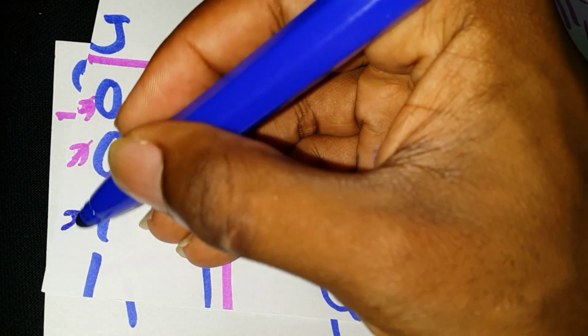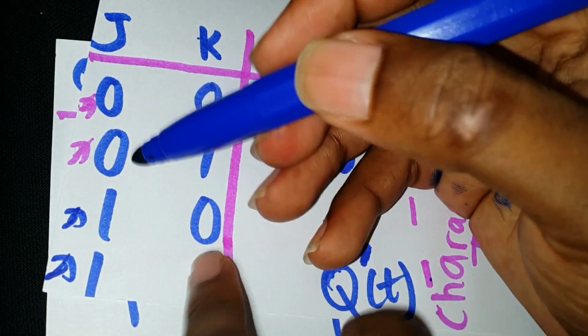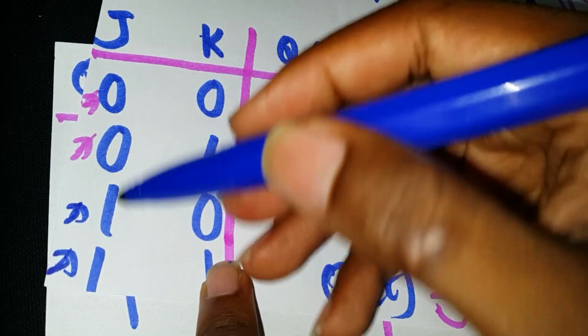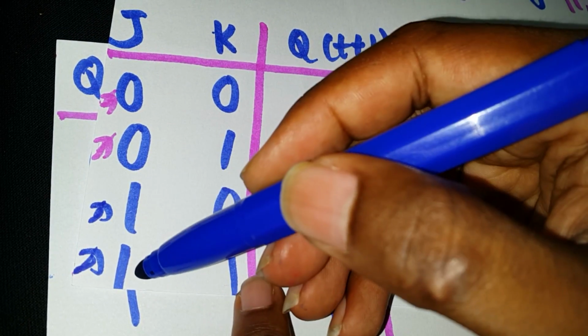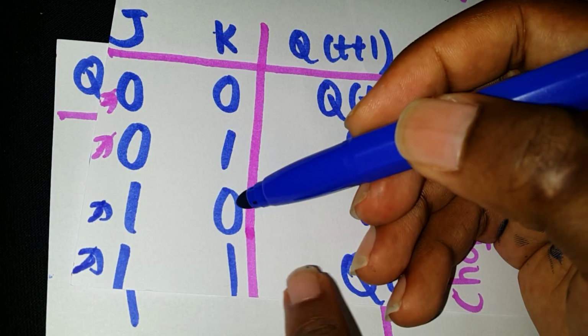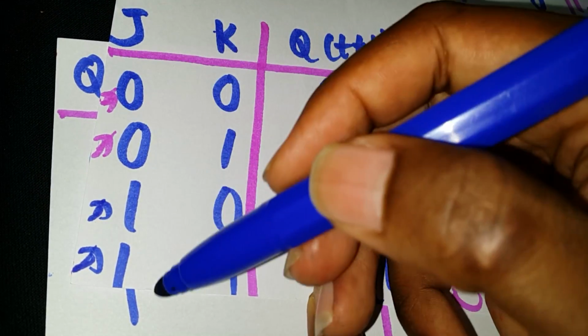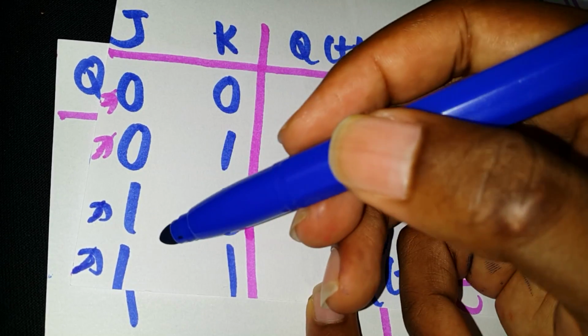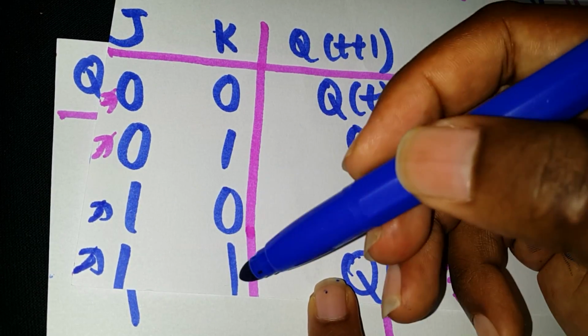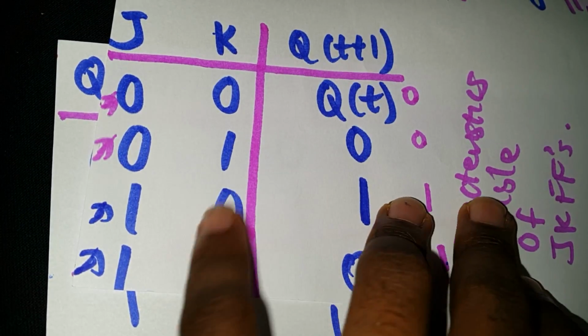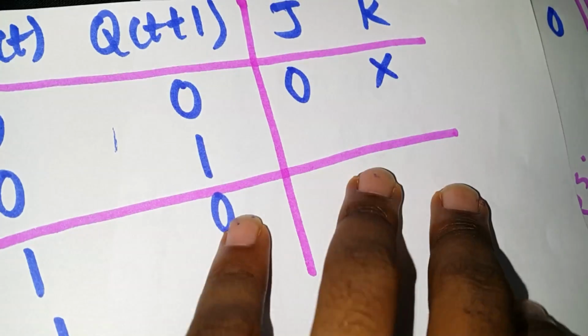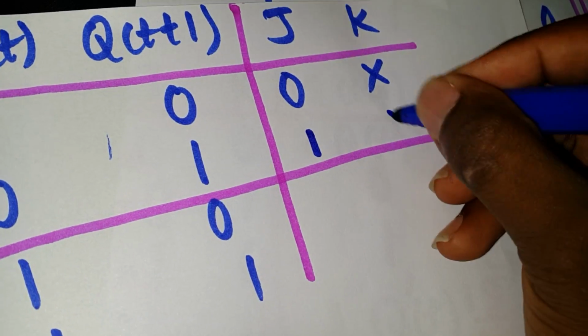So what are the conditions here? J is always 1, but K changes from 0 to 1. So it will be 1 don't care, because J is not changing. That's why J is not don't care. But for K it is changing. So we have 1 don't care. Let's write it on our excitation table. 1 don't care.